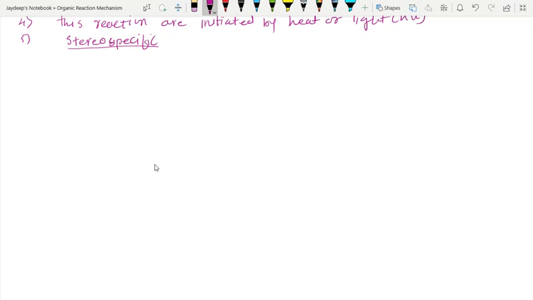Now the next one is classification of pericyclic reactions. The pericyclic reactions are classified into different types depending upon their reactivity sites.